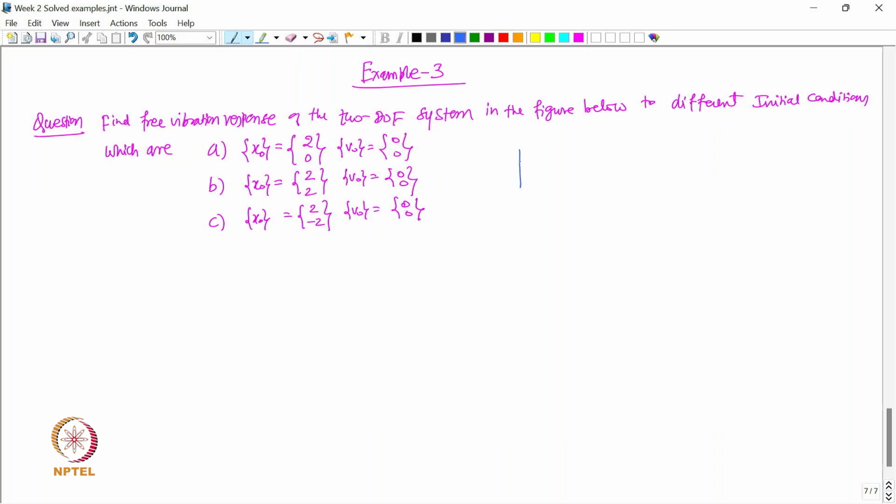The system is this system we also studied in the lecture classes, right. To study the eigenvalue problem we have considered this system, the 2 degree of freedom system, where x1 and x2 are the 2 degrees of freedom, and both are equal masses and the spring stiffnesses are also equal, correct.